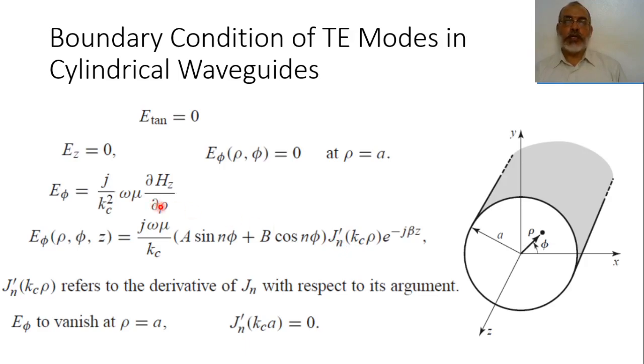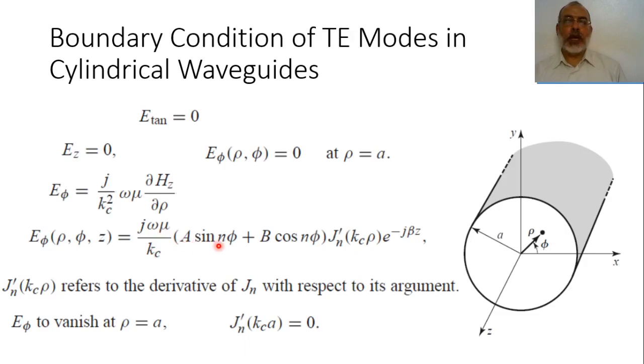Because the derivative is with respect to rho and the argument is kc rho, we multiply by kc. So we have kc squared here and kc in the numerator, so only one kc remains in the denominator.